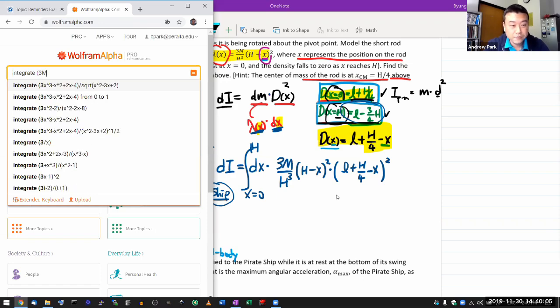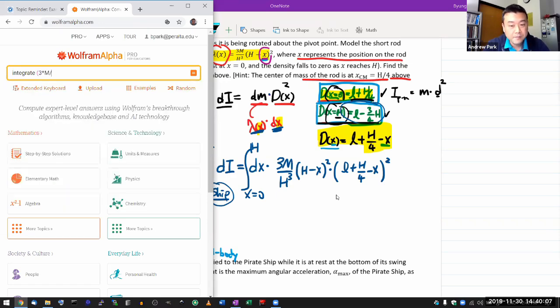Integrate 3 times m divided by h cubed times (h minus x) squared times (L plus h over 4 minus x) squared. I'll probably get rid of at least one of those squares if I were to give a similar problem. From x equal to 0 to h.